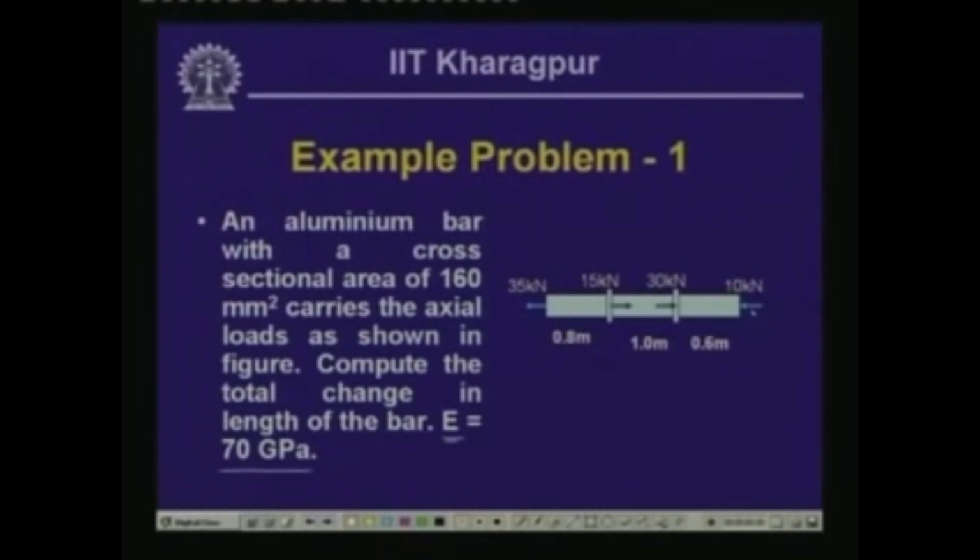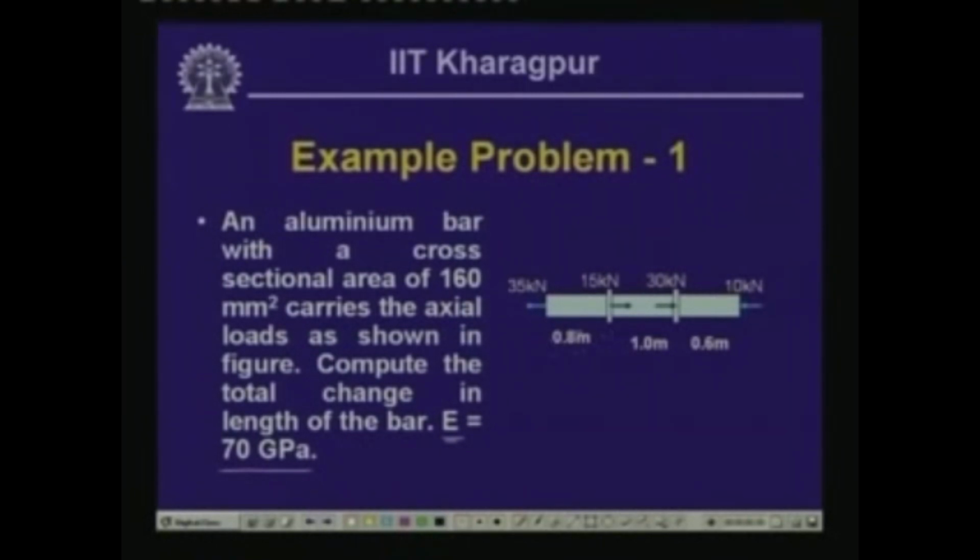So, total force acting in the negative x direction is 45 kilonewton, and in the positive x direction, 15 kilonewton and 30 kilonewton, two forces are acting. So, thereby this body is in equilibrium under the application of the forces in the bar.